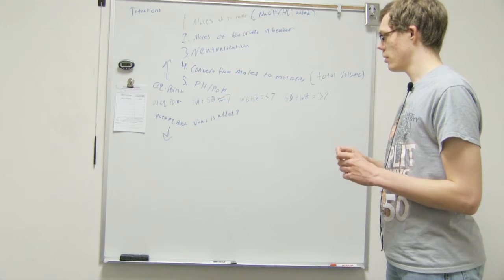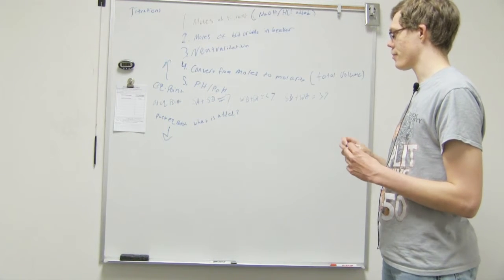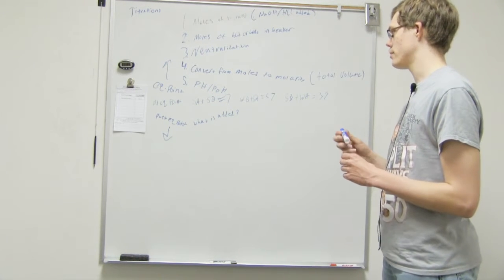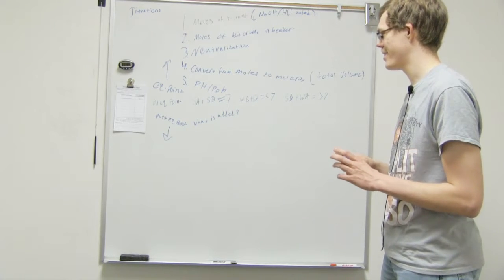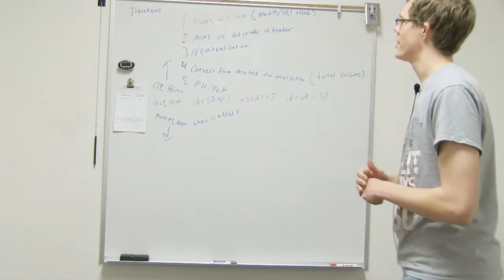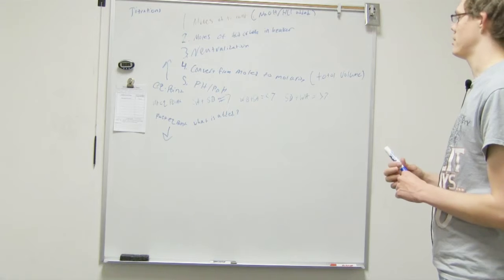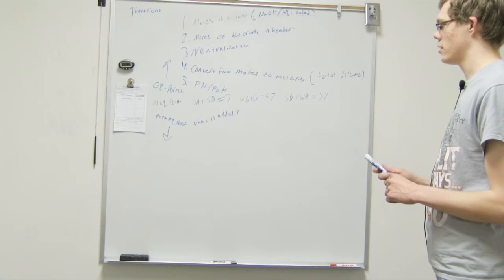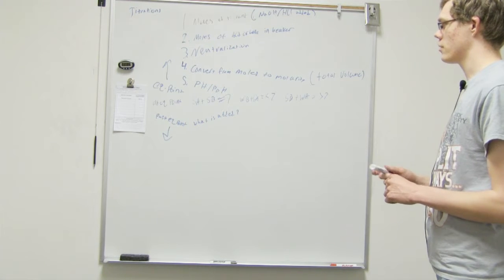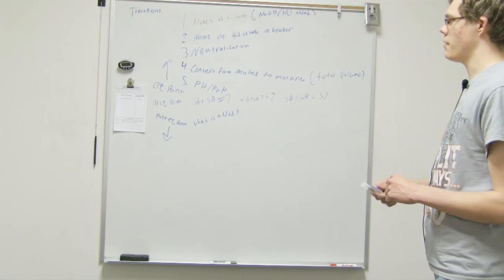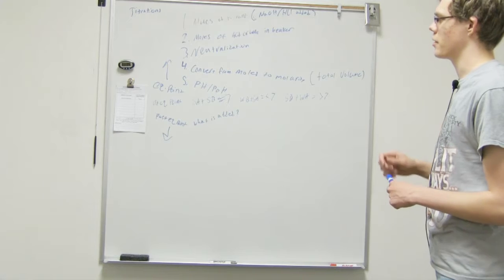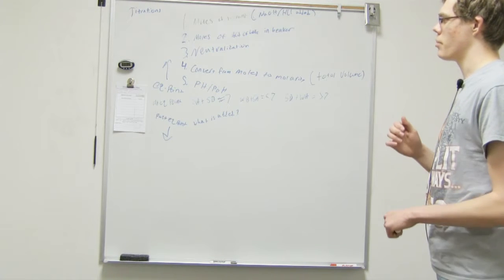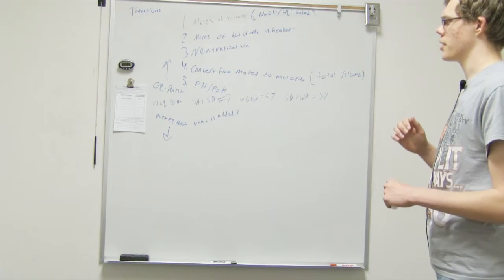You ask what it is, if it's an acid or base, and what direction it's going. If you use this kind of methodology when you're going through it, it should be pretty easy to go through all the titrations.